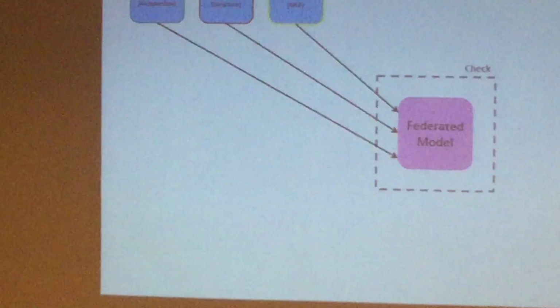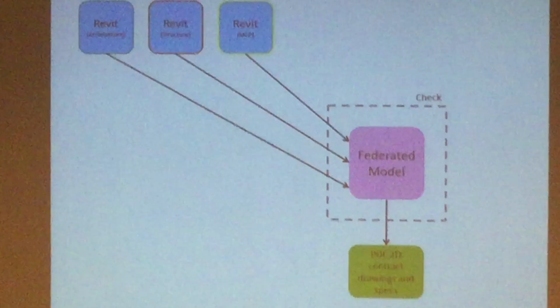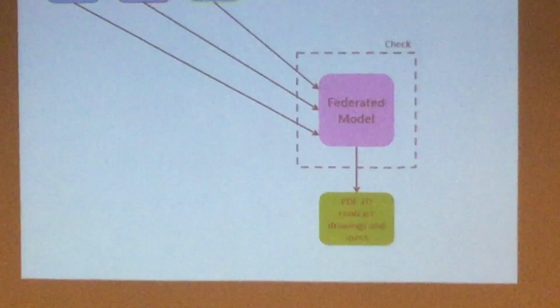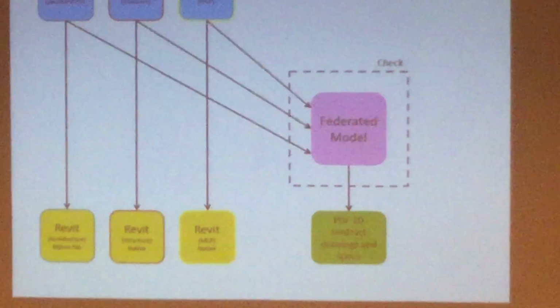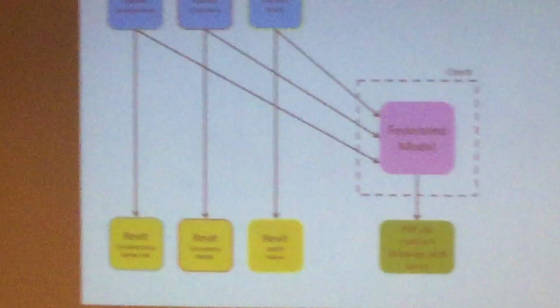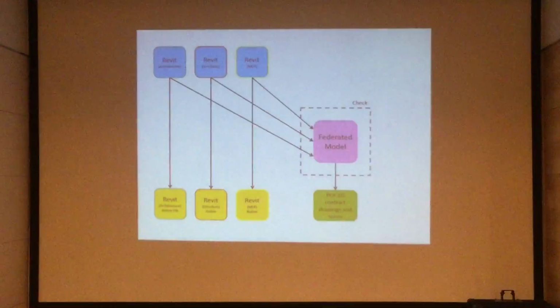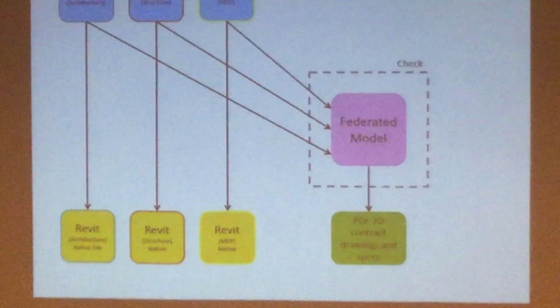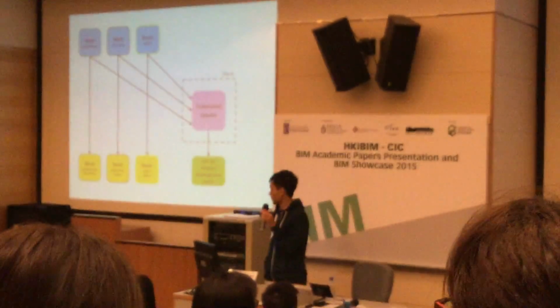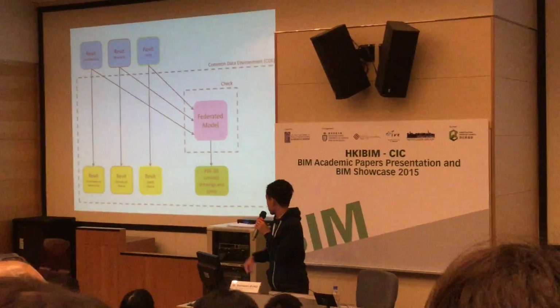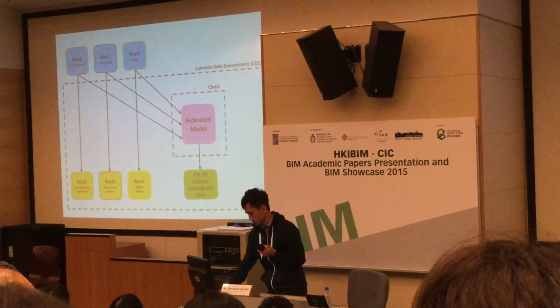From then on, you clash detect it, coordinate it, and afterwards you produce your drawings and specifications. After publication of your drawings, and perhaps when the construction stage has just started, you have to archive your Revit files, your BIM authoring software files, within your Common Data Environment.